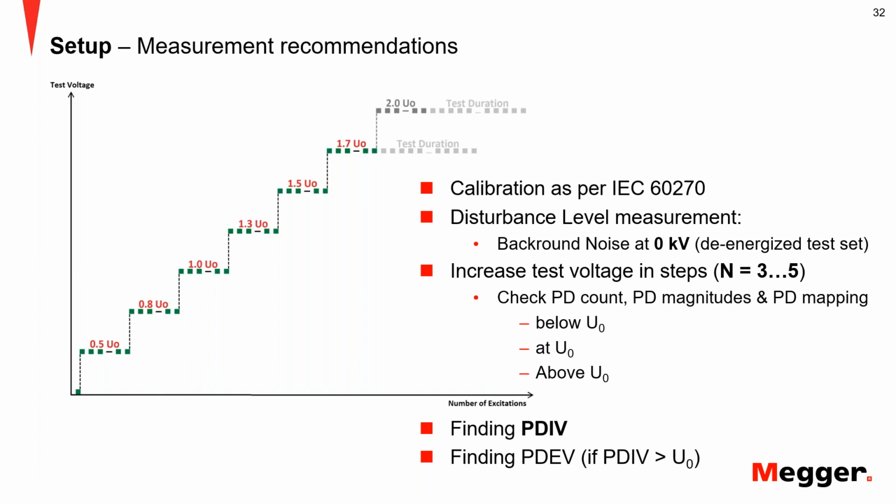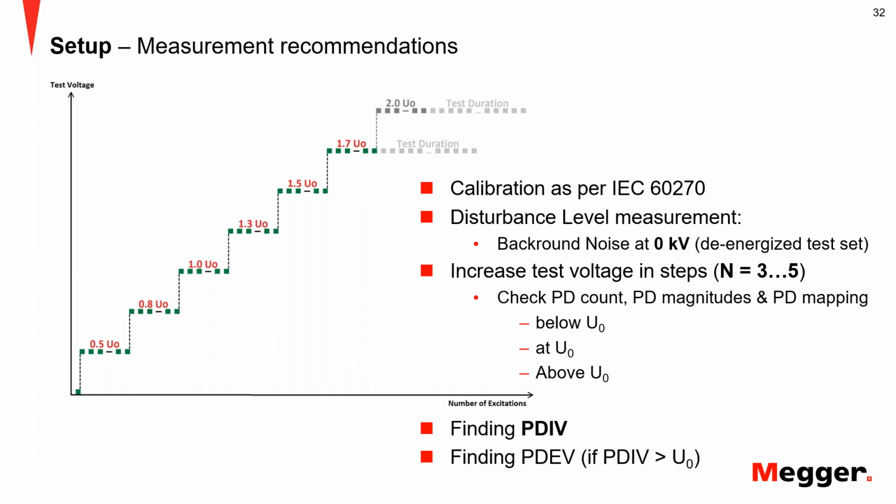And then you energize the test equipment, and you go from step to step, take a few shots if you use damped AC, and record what you see. Important is to take a few steps below operating voltage U naught, just to see if you have activity below operating voltage, which would be a critical condition, since it means that if the cable is energized, you will always have PD.